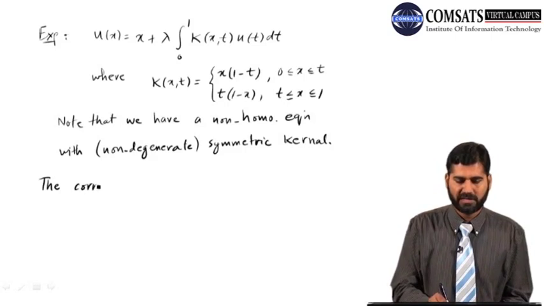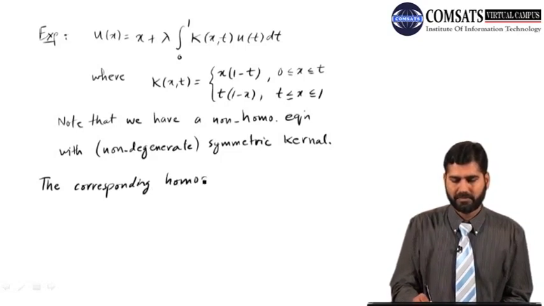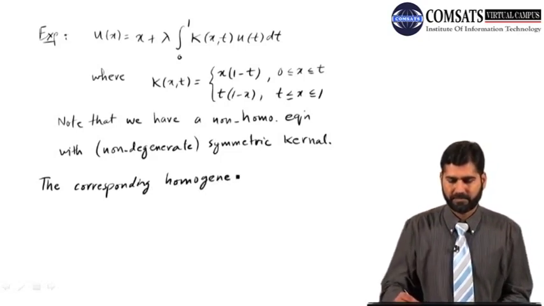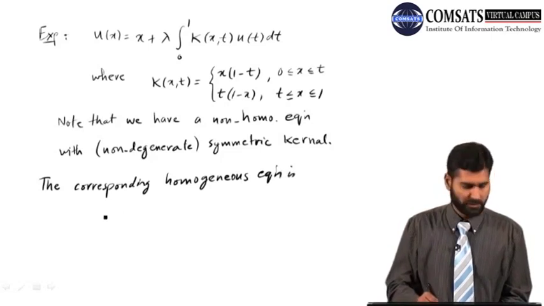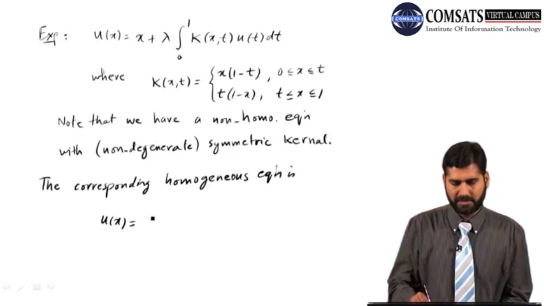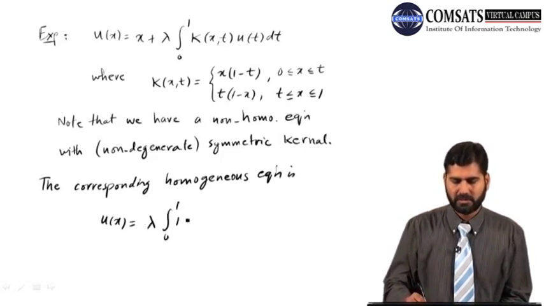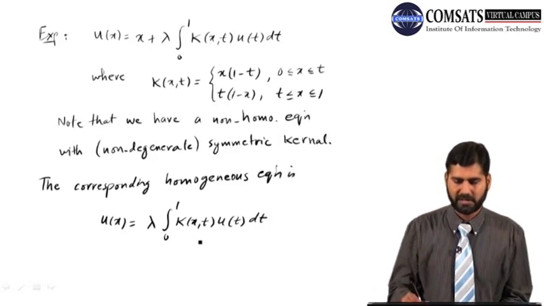So if you write the corresponding homogeneous equation, the corresponding homogeneous equation is u(x) is equal to lambda integral 0 to 1 K(x,t) u(t) dt, right?